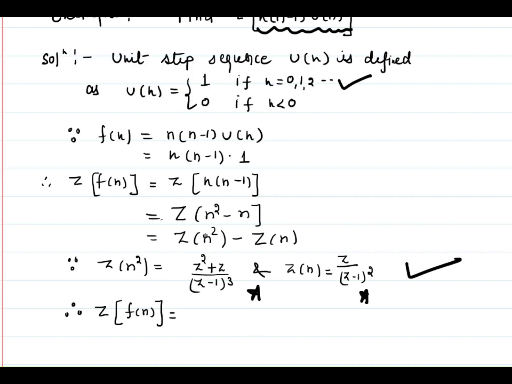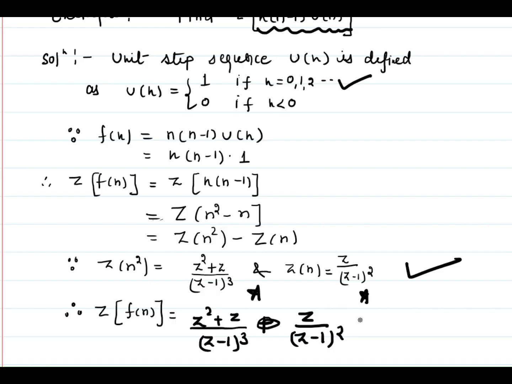We will substitute the value of z of n square, which is z square plus z upon z minus 1 the cube, and minus z of n, which is z upon z minus 1 the square.